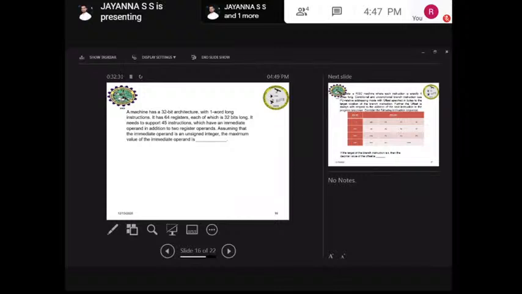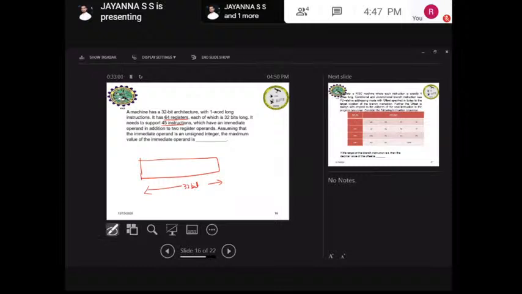Here in this example, you can observe that there are 64 registers and 45 instructions. The machine has a 32-bit architecture, which means every instruction is 32 bits long. So when you consider the instruction format, the size of every instruction is 32 bits.